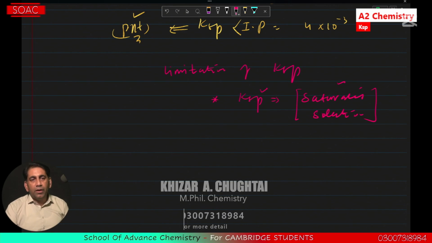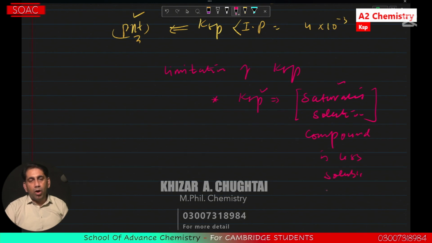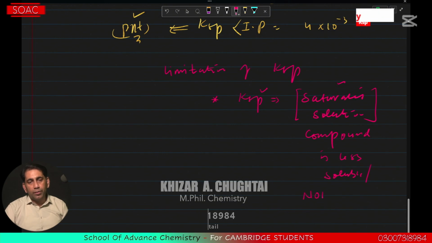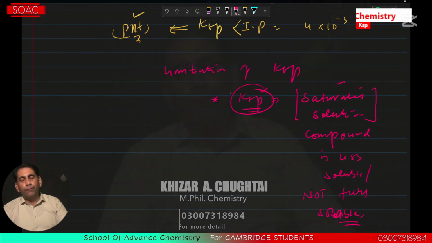Ksp is applicable when the solution is saturated and the compound is less soluble, or not fully soluble. So Ksp is applicable for less soluble compounds, not for completely soluble compounds. That is one of the basic limitations of Ksp.